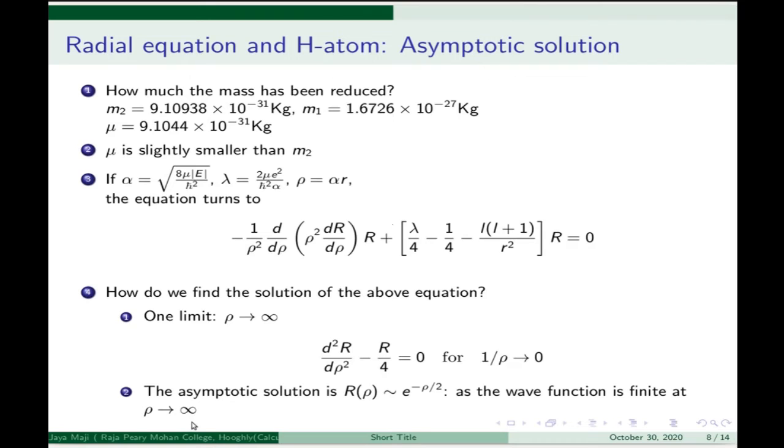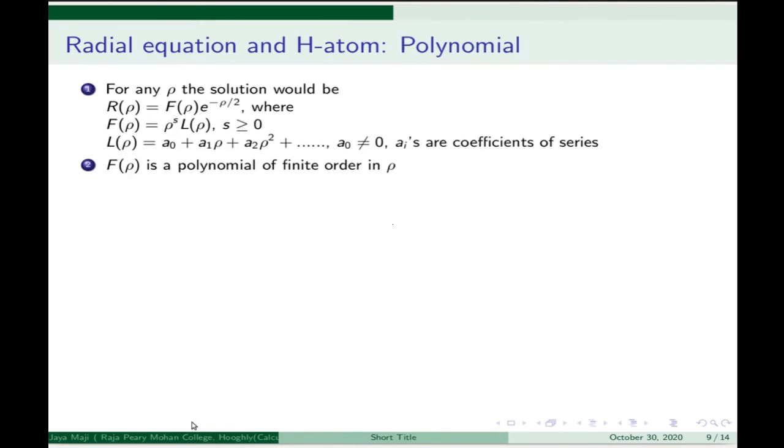But for any rho, the general solution would be in this form, which is f of rho into e to the power minus rho by 2, where f of rho can be taken as any finite polynomial of the form rho to the power s into L of rho, where s is a positive integer, that is, greater than or equal to 0, and this L of rho is the series a0 plus a1 into rho plus a2 into rho square and so on, with the condition a0 not equal to 0, and here the ai's are the coefficients of the series.